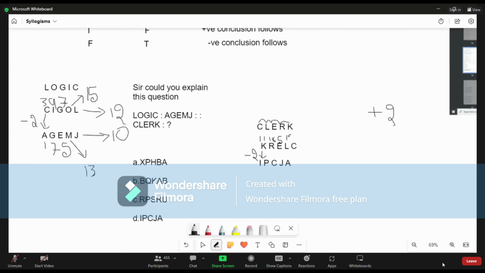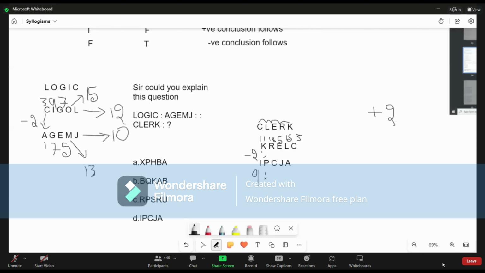Now 11 minus 2 is 9, so for 9, it is I. Then next, 18 minus 2 is 16. So 16 is P.